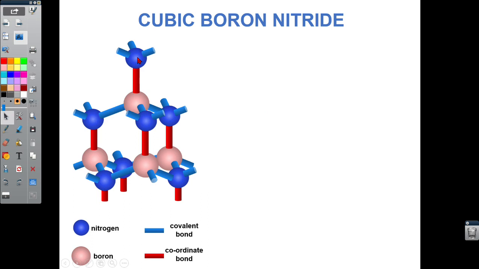And then if we have a look at this nitrogen atom here, for instance, you can see it's got 1, 2, 3, again, there'd be 4 bonds to boron atoms. So each atom forms 4 bonds in a tetrahedral-like structure, and the bond angle here, if you were to measure it, would be 109.5°. This is exactly what we have in diamond, where each carbon atom is bonded to 4 others, and you get this tetrahedral structure with a 109.5° bond angle.